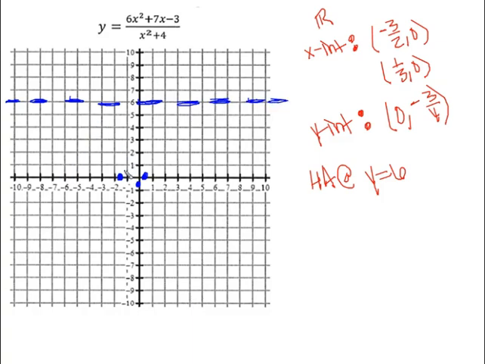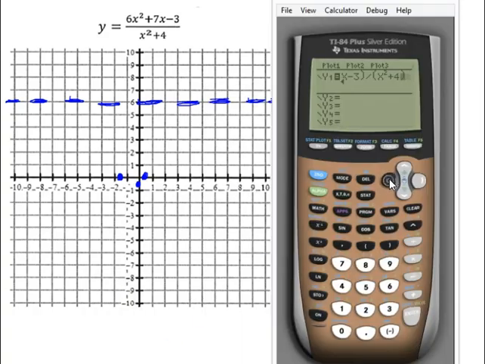Alright, so we know our graph is specifically going to go through these points, but it's going to approach this line up here somehow. So let's go to our graphing calculator and see what we get. Bringing it up, we can type it into our graphing calculator. Make sure that your window matches the graph you're drawing on. And when we hit graph, let's see what happens.